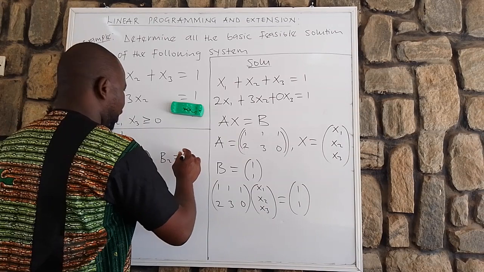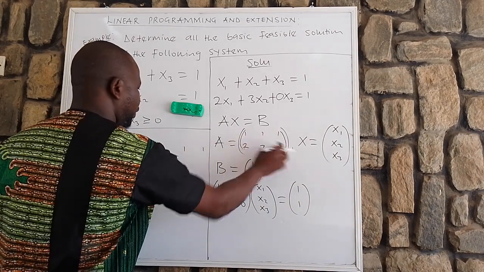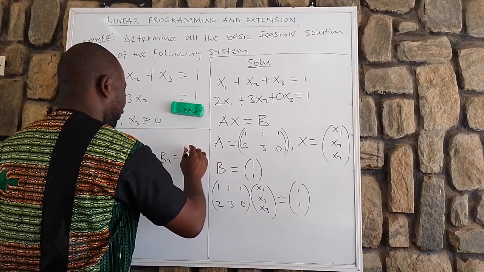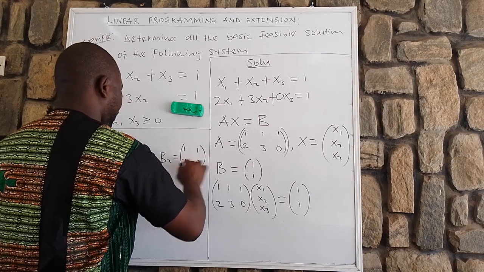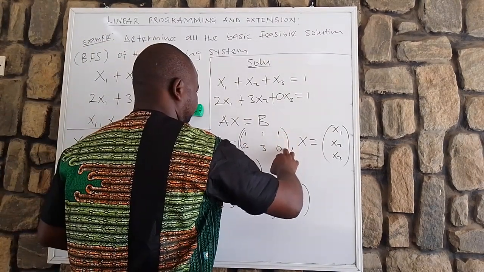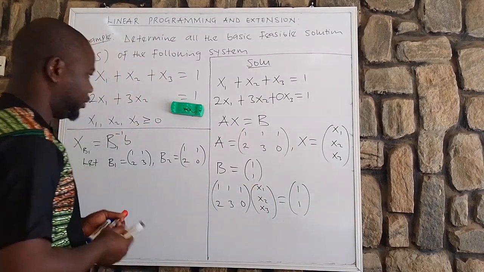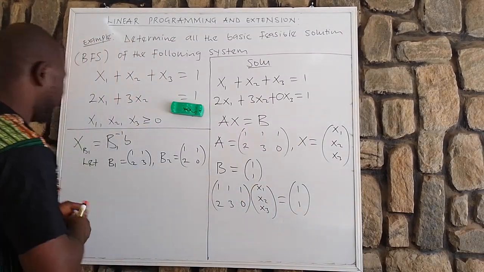So B2 will now be (1, 1), that is the matrix 1, 1, 2, 0, 2, 0. Then, let us try and obtain our B3.